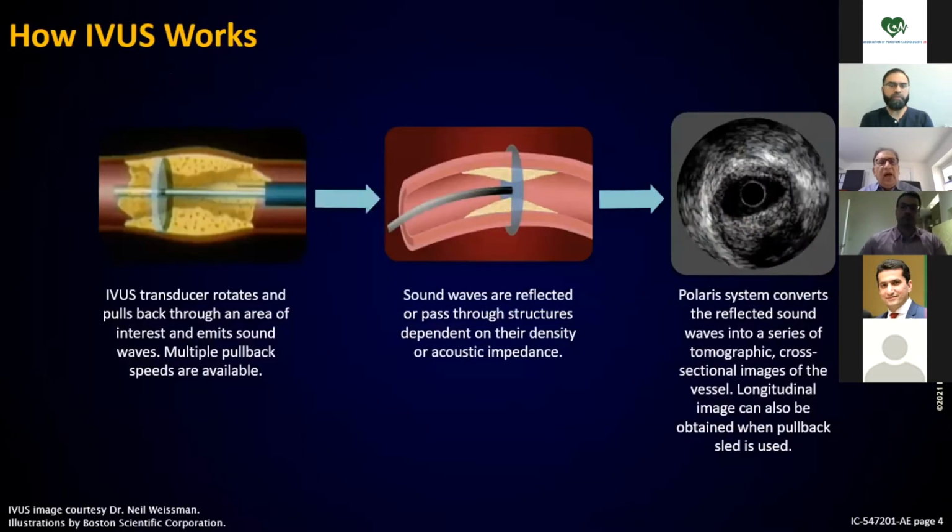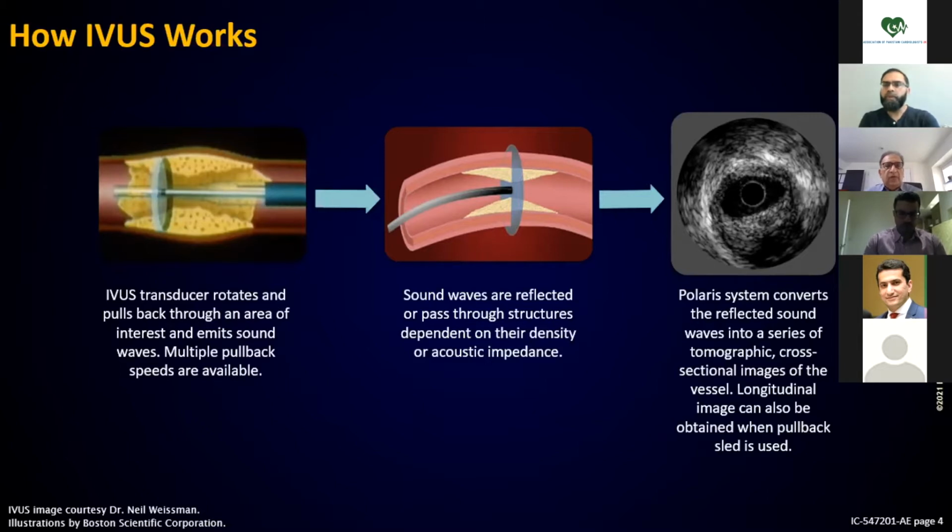So how does IVUS work in increasing our knowledge about not only the atheroma distribution, but also some form of measurements which we can perform during the procedure? The intravascular ultrasound transducer rotates and pulls back through an area of interest, and it emits sound waves.